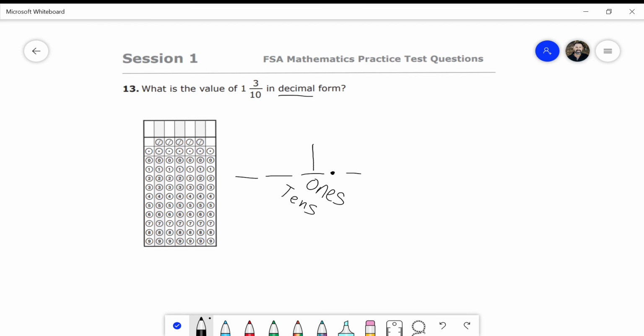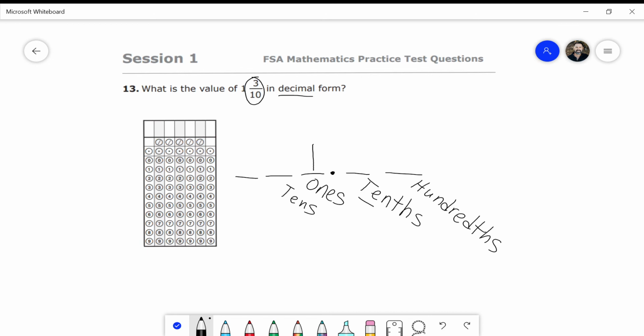The place values on the right side of the decimal are called tenths and hundredths. There are other place values to the right, but in 4th grade, this is as far as we go. So all we want to do is write the 3/10 in decimal form, on the side of the decimal that has the place values tenths and hundredths.